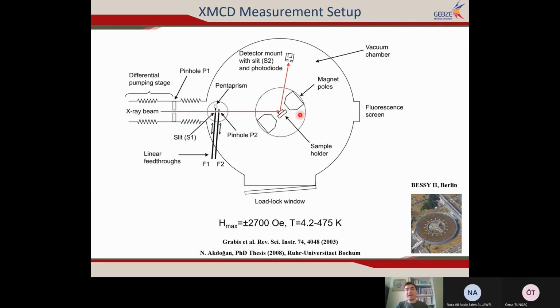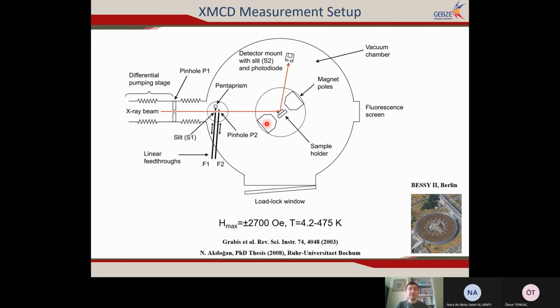And we have a temperature controller system, and we have a liquid helium flow cryostat. Then you can cool the sample down to 4.2 Kelvin, and you can heat the sample up to 475 Kelvin. So you can carry out these XMCD experiments at different temperature conditions.